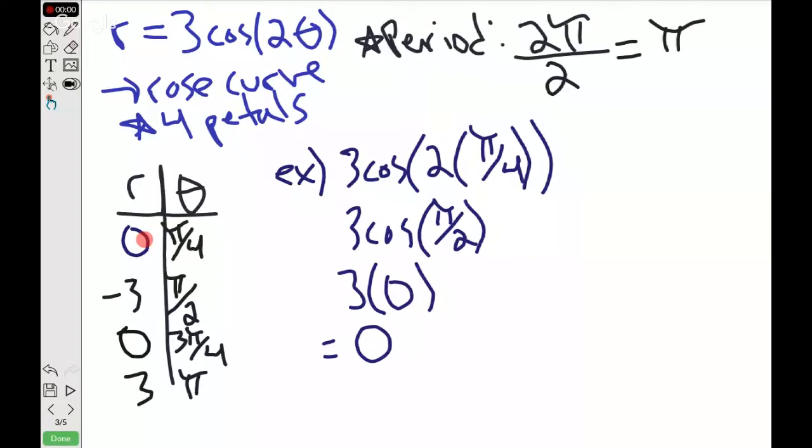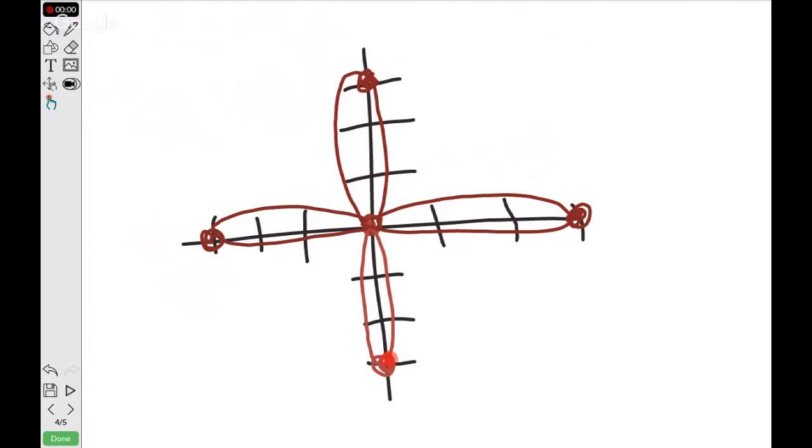So for example, for these values I had here, notice that origin point, this point was right here. Let me highlight that in a different color. This was one of the points from our table, which gave us one of our petals.